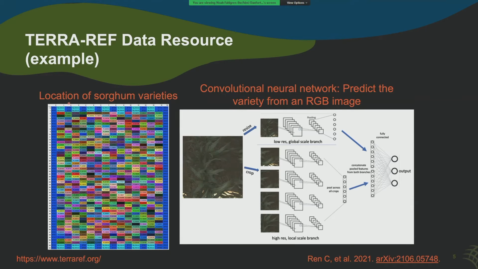So this plot on the left is the location of different sorghum varieties in the field. And they used a convolutional neural network approach to build an image classifier that can predict the sorghum variety given RGB image data. So this is the type of methods that we can develop using this data set going forward.